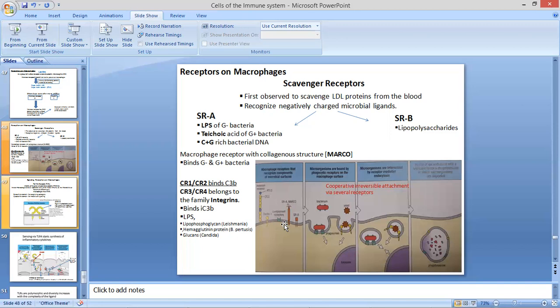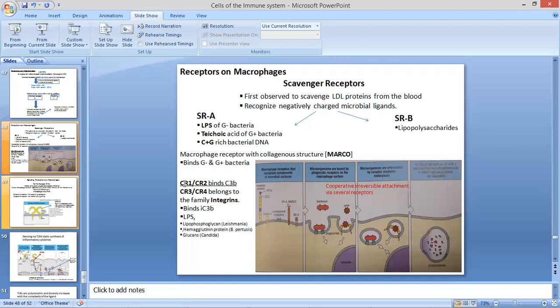So it keeps it away from the membrane. It has got a triple helix-like structure here. SRA and MARCO both share the same structure. So it binds both the gram-negative and gram-positive bacteria.